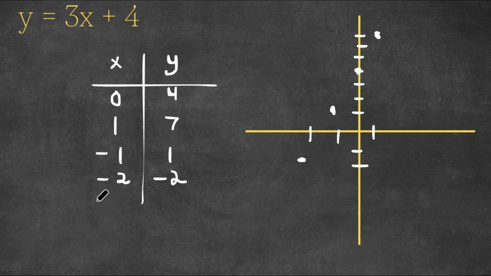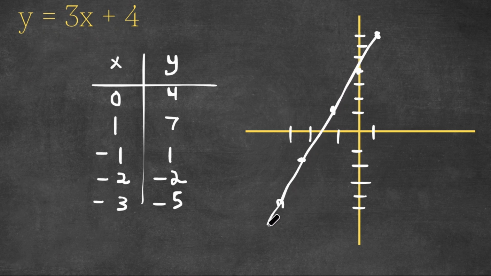And let's do one more. If x is -3, y would be -5. So -3, 2, 3, 4, 5, so it would be down here. So now let's go ahead and connect our points. So our line would look something like this.